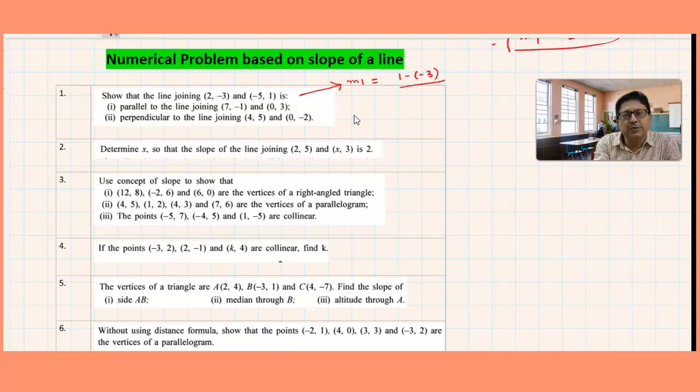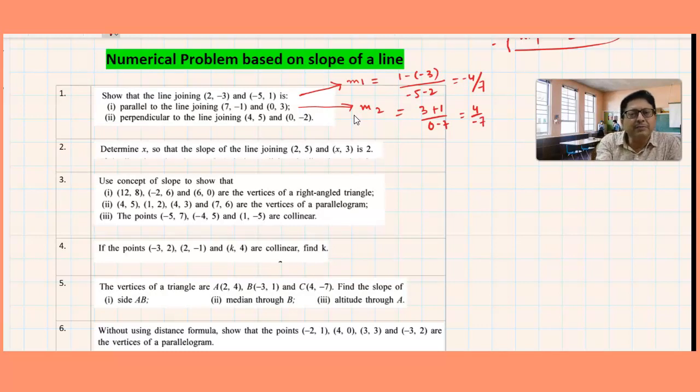So this is going to be minus 5 minus 2, minus 4 by 7. And slope of this line is what? m2 equal to, again y2 minus y1, 3 minus minus 1 by 0 minus 7. So we got 4 by minus 7.